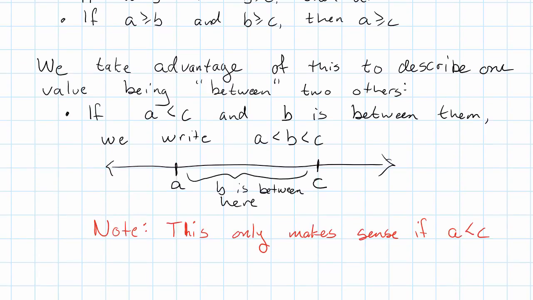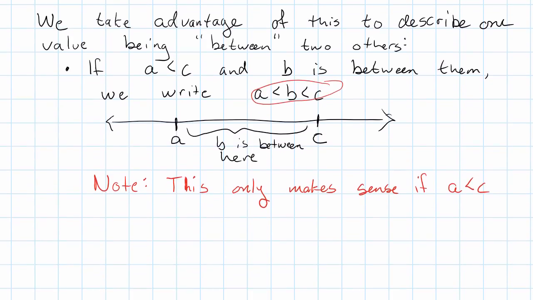Note, this string of inequalities only makes sense if A is less than C. I mean, we can still describe betweenness if we want to write the biggest number first.